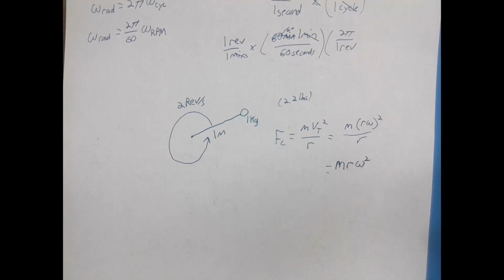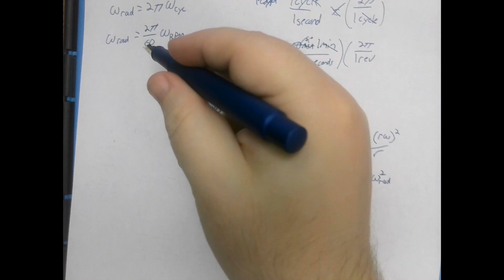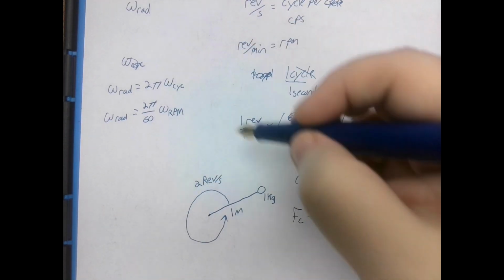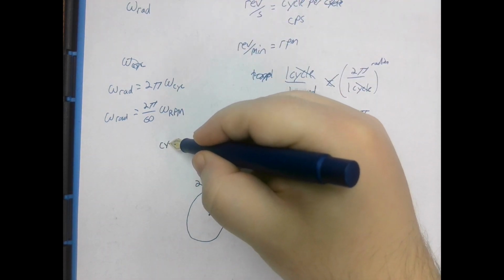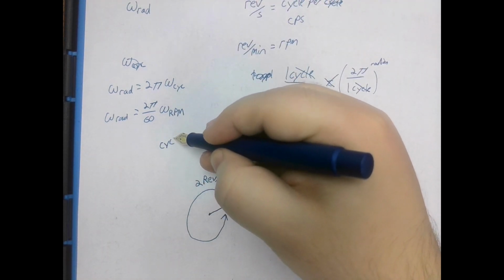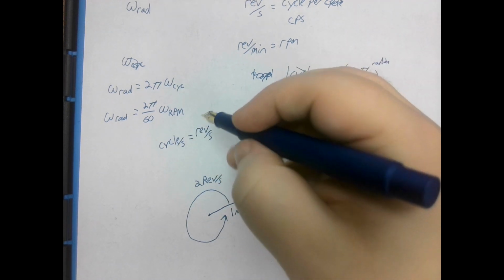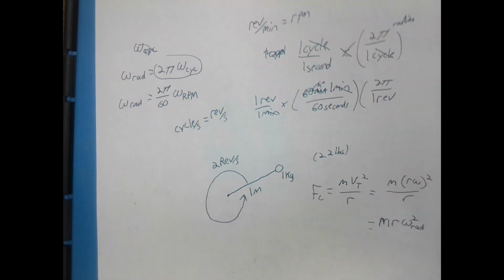And omega has to be in radians. So we can replace omega in radians with 2 pi times revolutions per second. A cycle per second is the same thing as revolutions per second. So it'd be this formula. So we can plug that in.